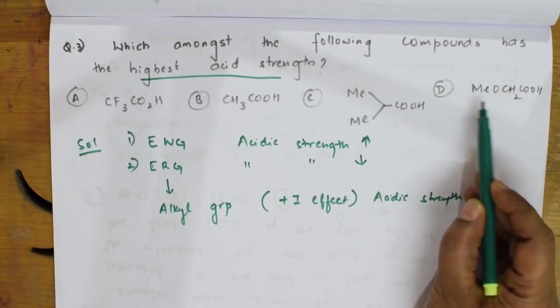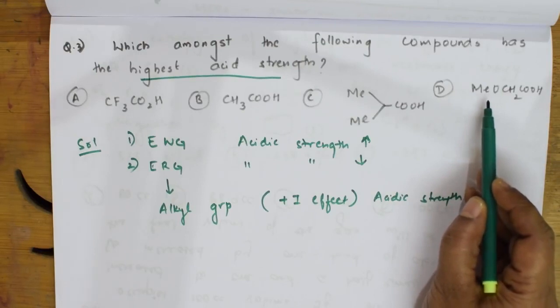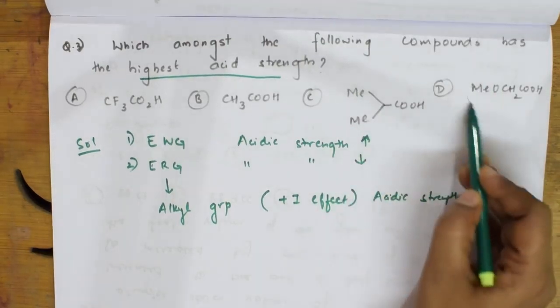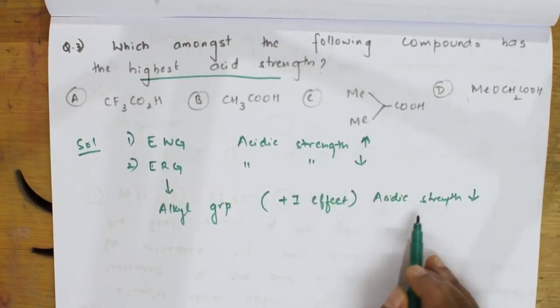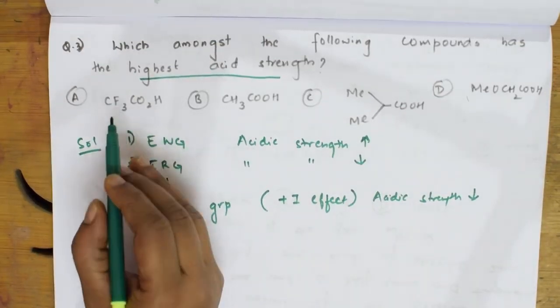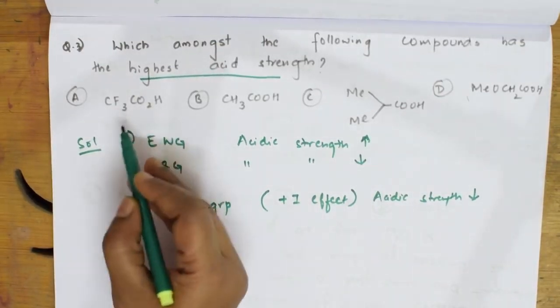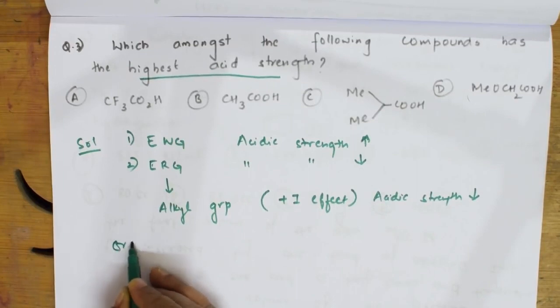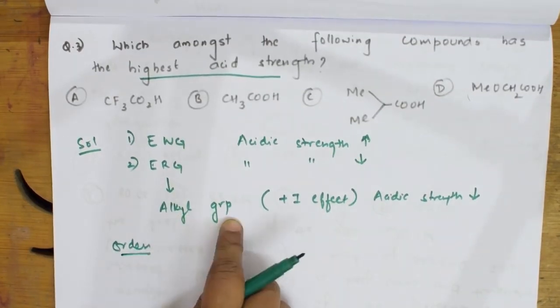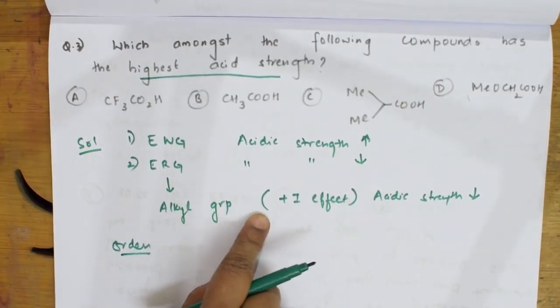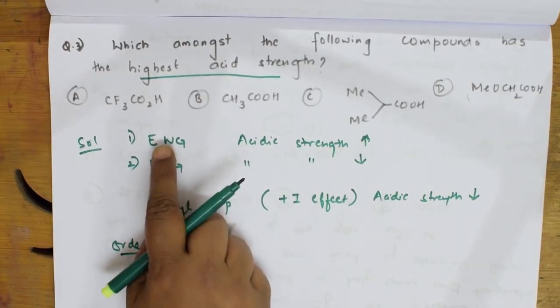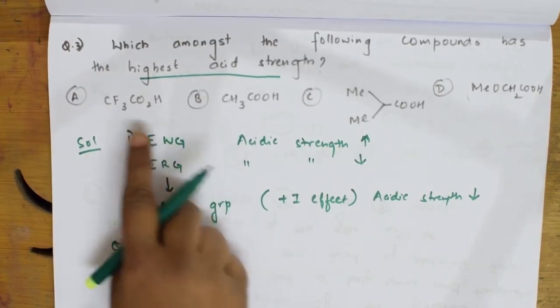I told you, wherever there is an alkyl group, that is less acidic in nature. Wherever there is no alkyl group, that is more acidic, highest acidity. So let us write the order now. Once again repeating, more alkyl groups means less acidity, fewer alkyl groups means more acidity, meaning an electron withdrawing group should be there.